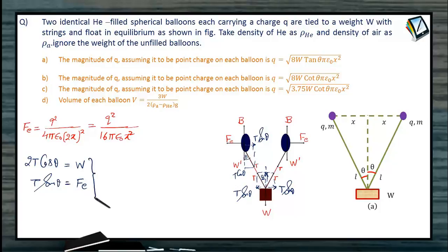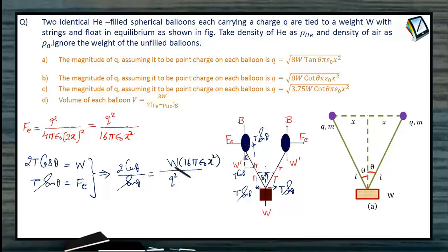Using these two equations, we just divide them and get 2 cos theta divided by sin theta equal to W, the weight of the block, divided by Fe, where Fe is Q square divided by 16 pi epsilon naught x square.